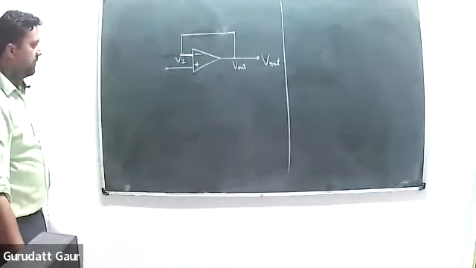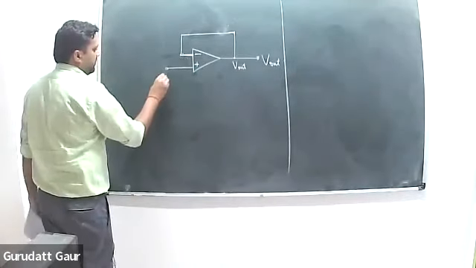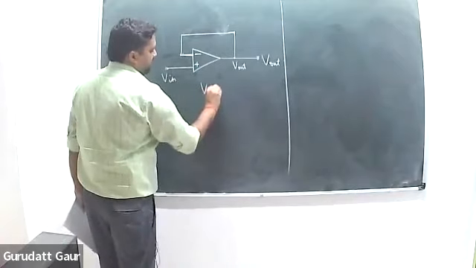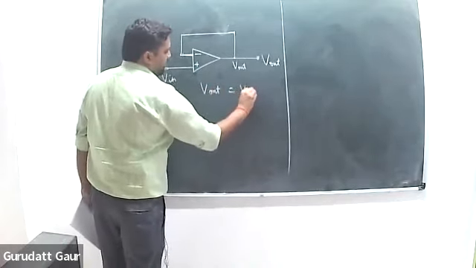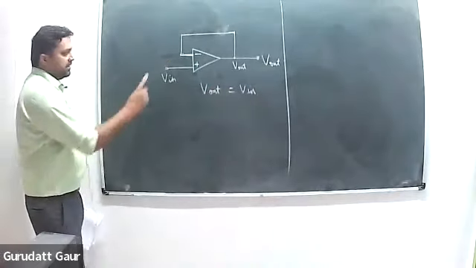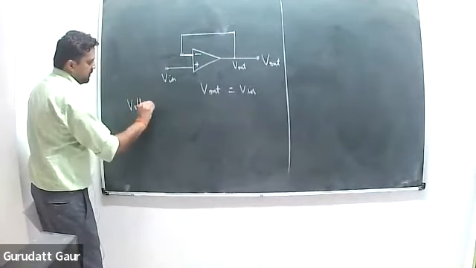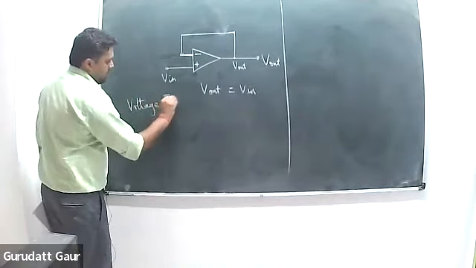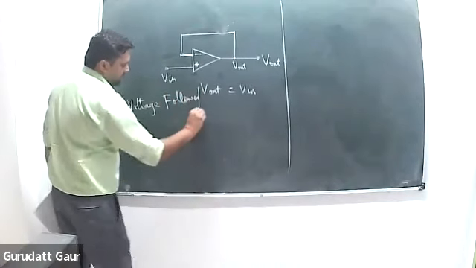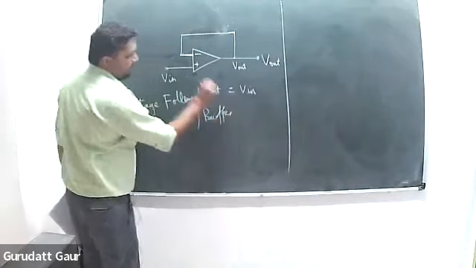This is also called a voltage follower. So V out will be V in. In fact, V out will be slightly less than V in. As the name suggests, you use either a voltage follower or a buffer when you are basically trying to separate the two stages of your circuit.